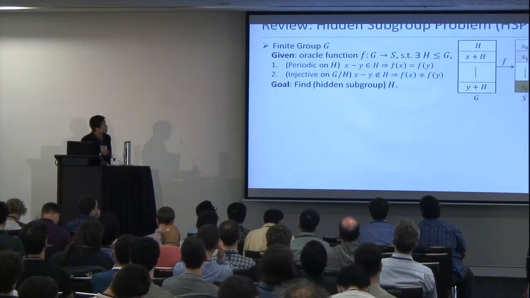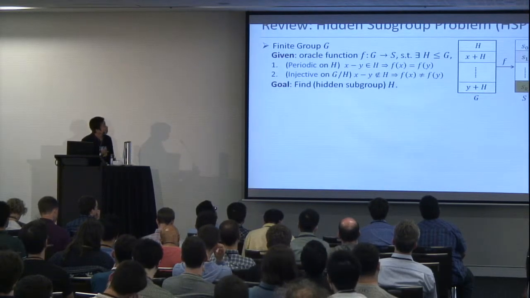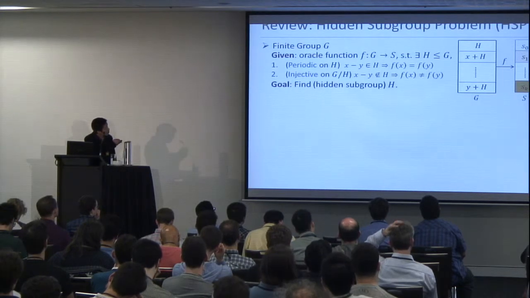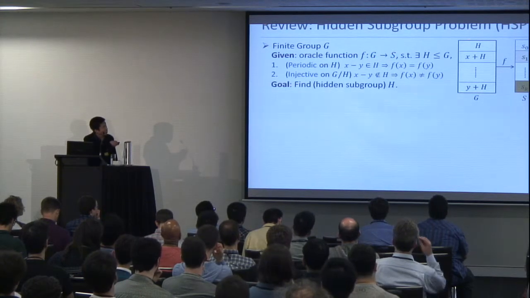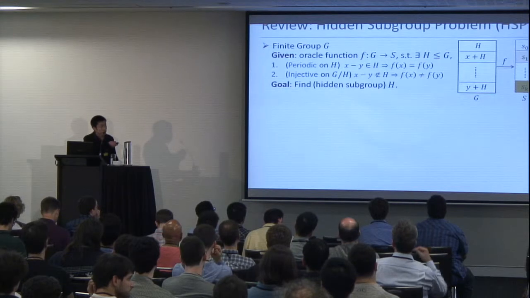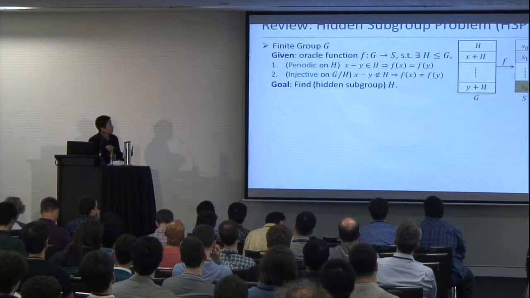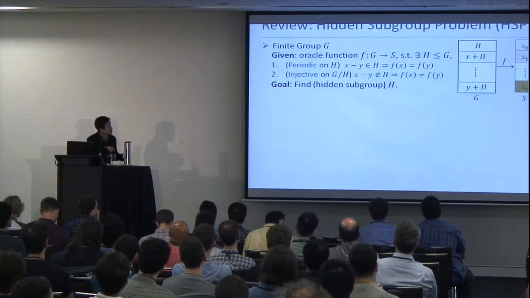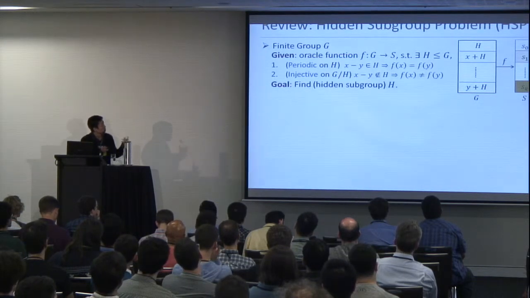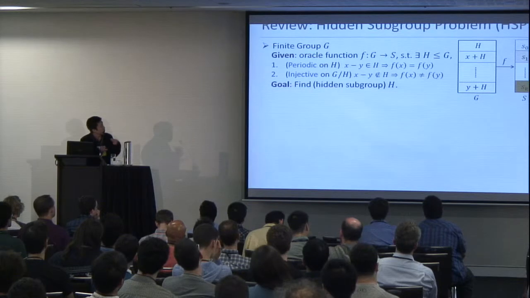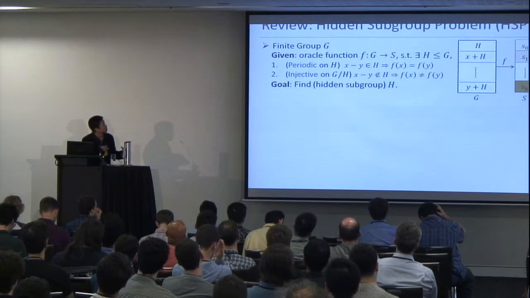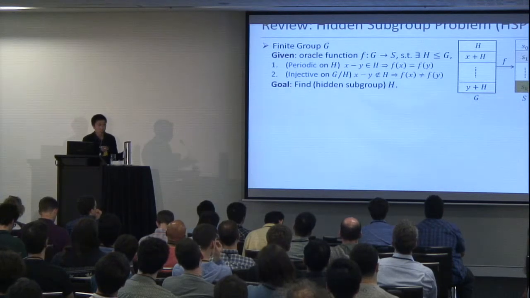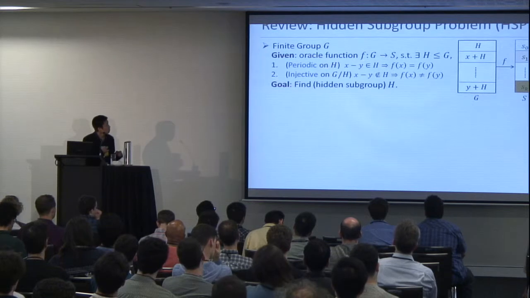So in the standard definition, there's a finite group G, and we're given a function f as our oracle, which maps the group G to some set S. And f is supposed to hide a subgroup H of G in the sense that, number one, it is constant within each coset of H, which we call periodic on H. And number two, it has distinct values on different cosets of H. Namely, it is injective on the quotient group G over H. And the goal here is to find the hidden subgroup H.